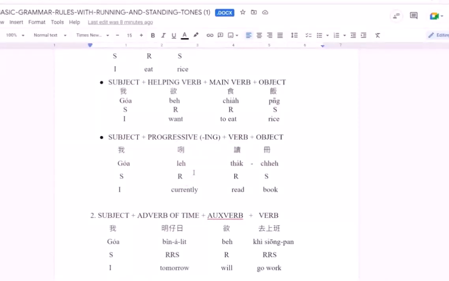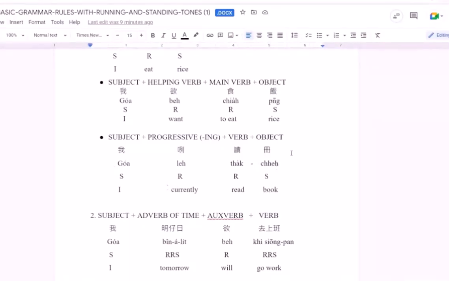The way we use le is not necessarily a present tense, because there are no tenses in Hokkien, but it's more of a particle that would modify the verb into something ongoing in the present. So in a way, it's a present tense, but without the tense. It roughly means I currently read book.